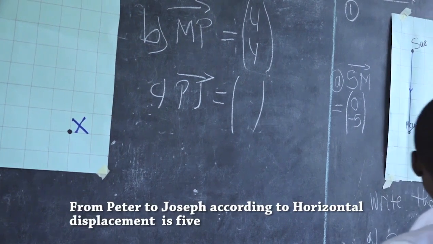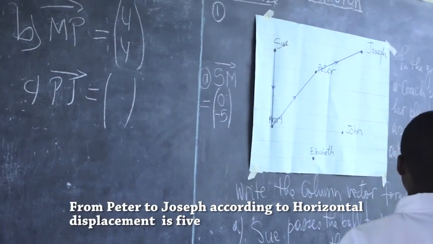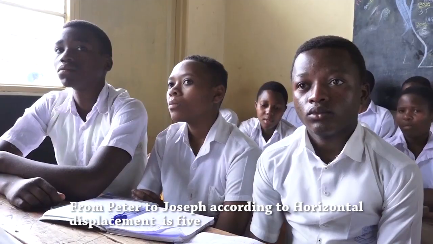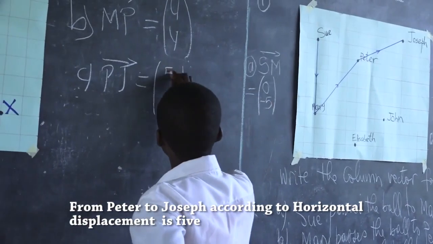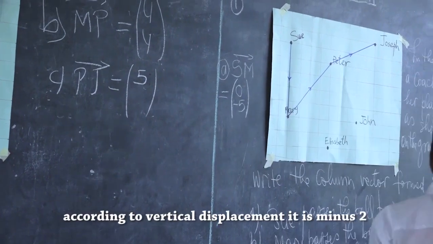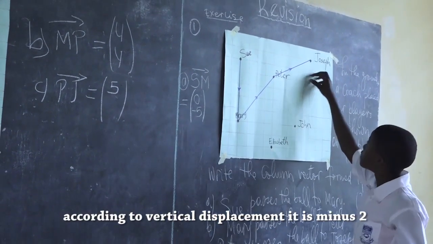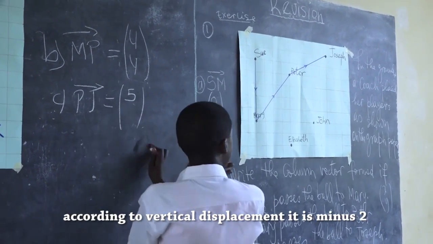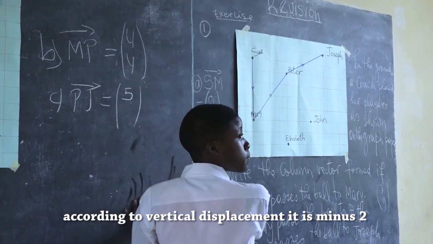From Peter to Joseph, according to horizontal displacement, it is 5. According to vertical displacement, it is 2. According to vertical displacement, -2. Is it? -2.